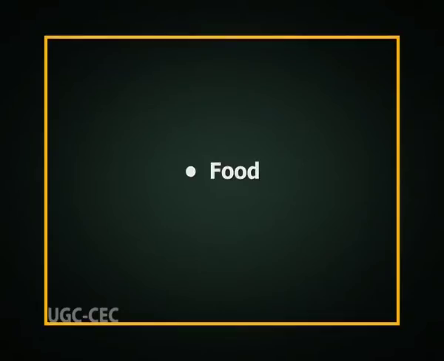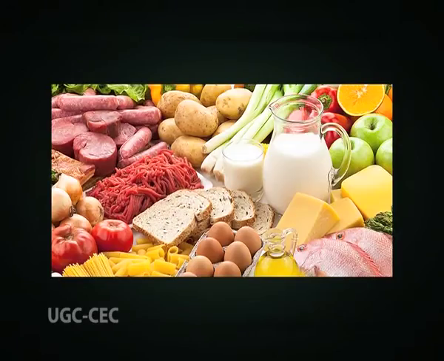Friends, let me first introduce you the term food. Food is defined as a substance taken or absorbed in the body of an organism in order to sustain growth or repair, support vital processes and furnish energy for all activities of the organism.